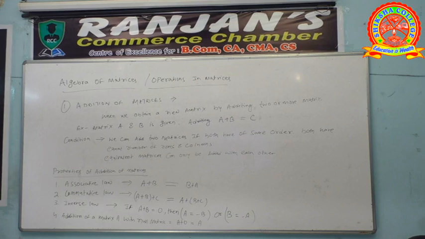Subtraction means subtracting one matrix from another, and there is the same condition for addition and subtraction: as we can add two matrices if both are of the same order, two matrices can be subtracted if both are of the same order. The result of the subtraction can be derived by subtracting the corresponding elements. Please complete it, then we can go through the subtraction.